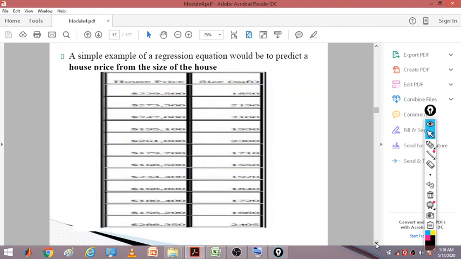Now this example is looking blurred here, so you can refer to the textbook, which I have already passed on to you. This is defining the house prices and the size of a house. The problem here is that you are supposed to predict the house price, which is your target level, depending on the size of the house.